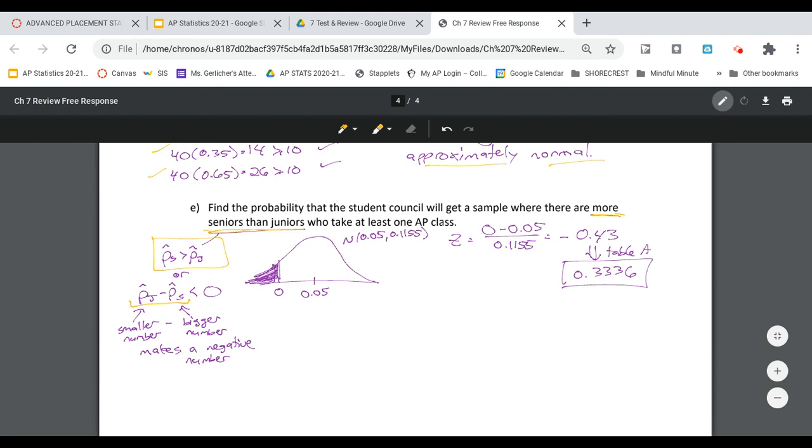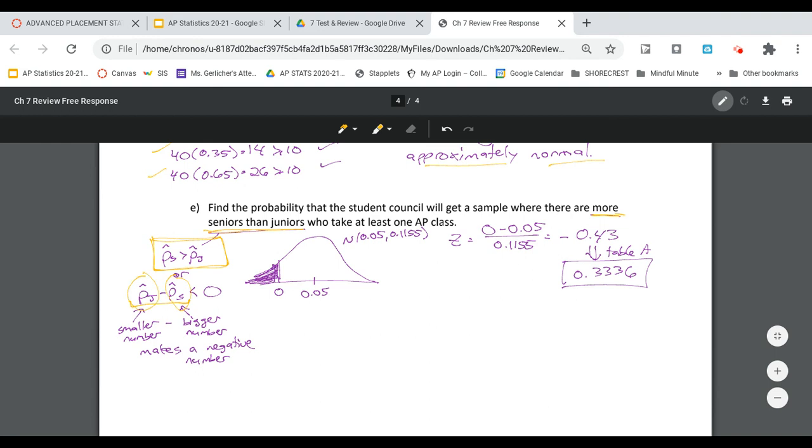So if I subtracted, I go back to my original equation. If I subtracted P of S from both sides, I would get P of J minus P of S, and then less than 0. Another way to think of it is we are interested in seniors having more than juniors, more seniors than juniors, which means we have a smaller number minus a bigger number.